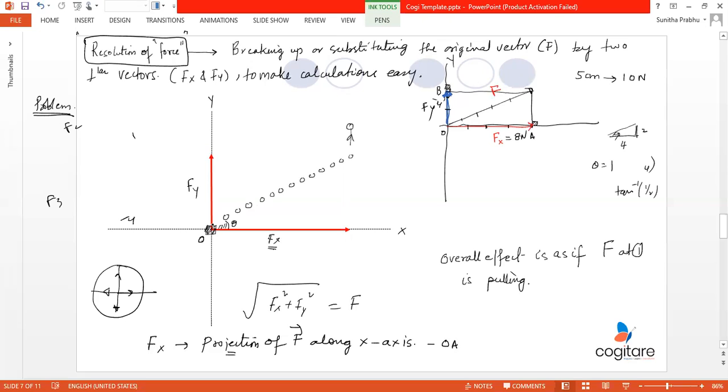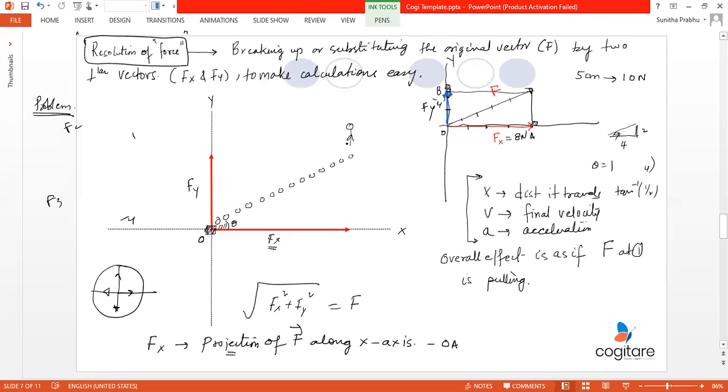So the original movement of the body is going to be mimicked, not compromised, just because these two are coming into the picture. Everything, the way the body moves, the distance it travels, the displacement, the final velocity after some time, its acceleration, nothing of that is different.